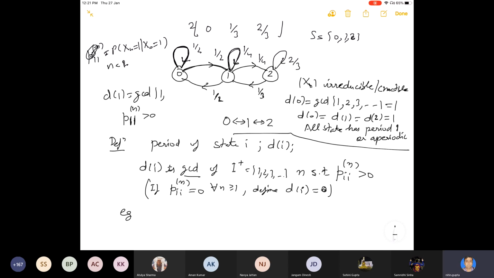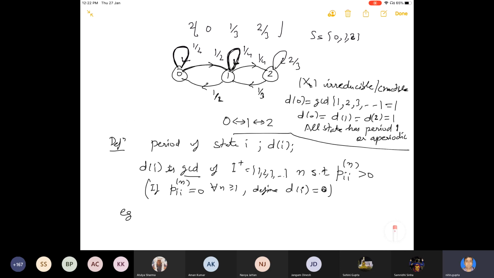Yes, I will remain in 1 and then remain in 1, or I can go to 2 and then come back to 1, or I can go to 0 and come back. So the probability is positive, so that means 2. Similarly, in 3 steps also it is possible, and so on. So the greatest common divisor of this is 1. Is it clear now? Yes, sir.